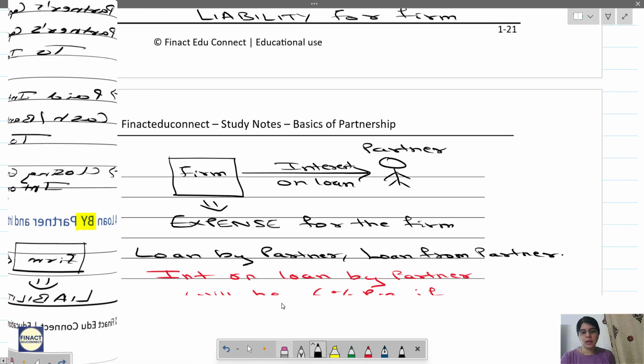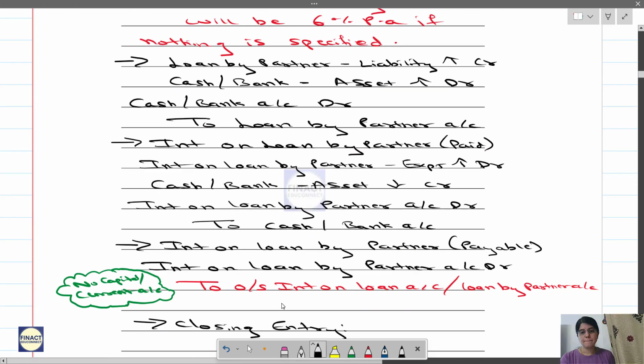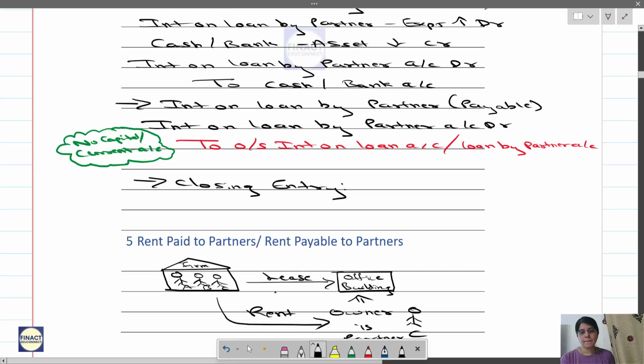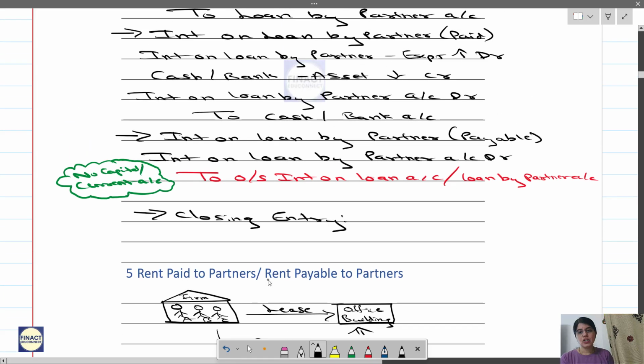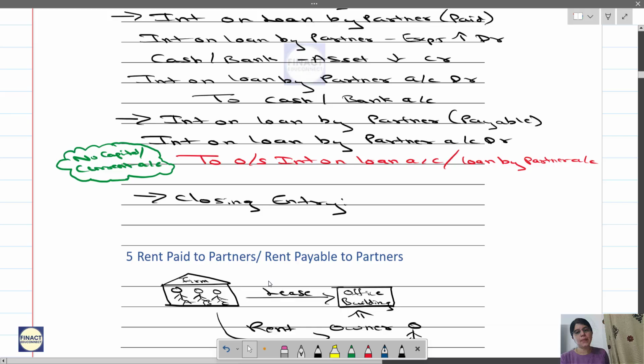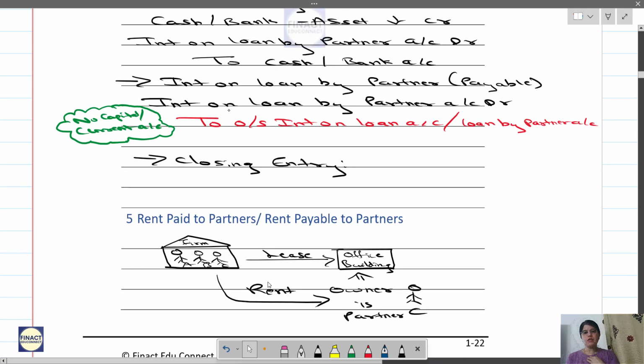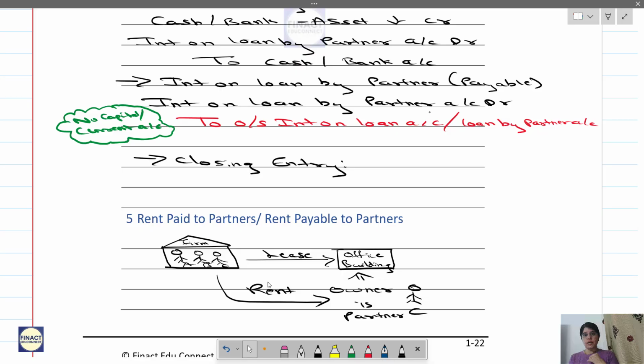Done. Now this is interest on loan by partner. Interest on loan by partner shows a debit balance. It's an expense for the firm. We have taken a loan from the partner and the firm has to give the interest, so it will also go to your profit and loss account.